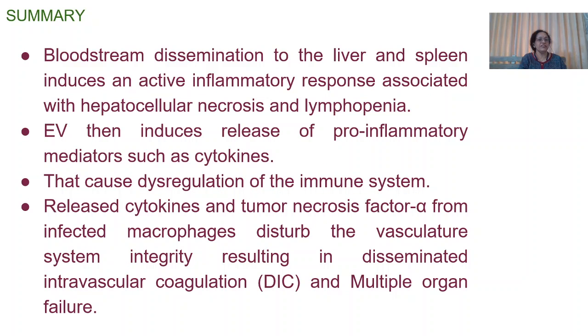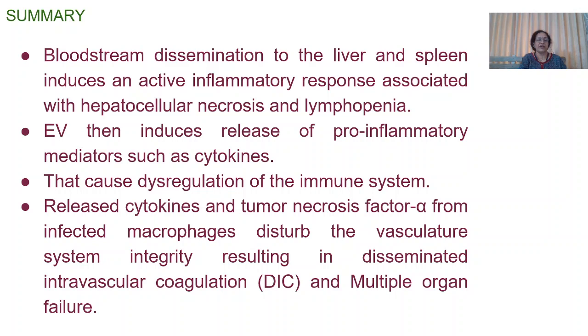Bloodstream dissemination to the liver, that is, upon entry of viruses into the bloodstream and entry of this blood into the liver as well as the spleen, induces an active inflammatory response associated with hepatocellular necrosis and lymphopenia. Ebola virus then induces release of pro-inflammatory mediators such as cytokines.